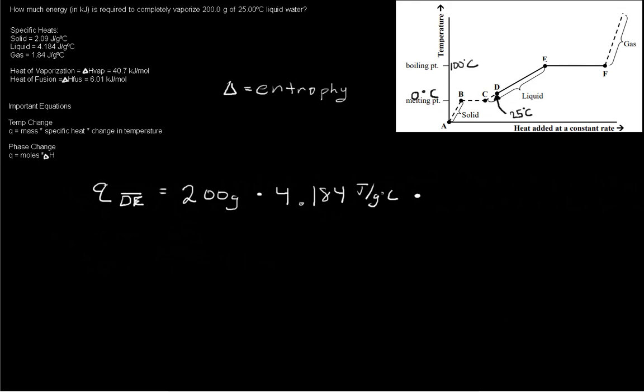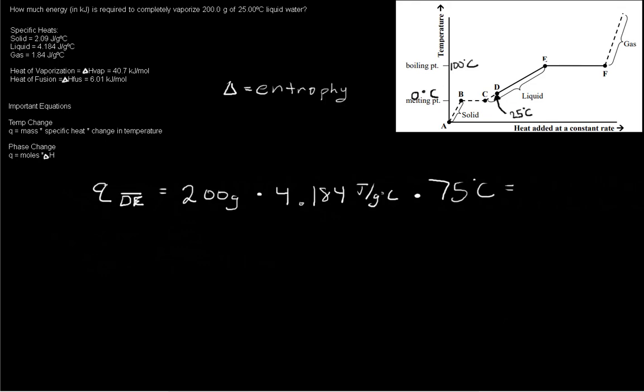Now we multiply that by the change in temperature, point D to point E. So we started at 25 degrees and now we're at 100. So 100 minus 25 is 75 degrees Celsius.